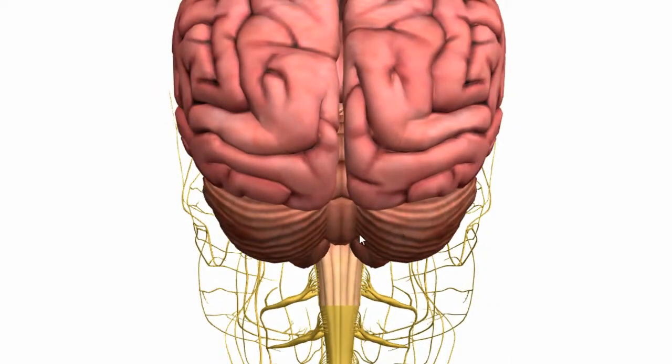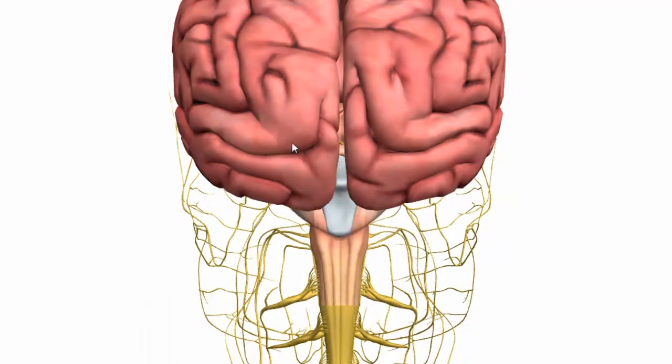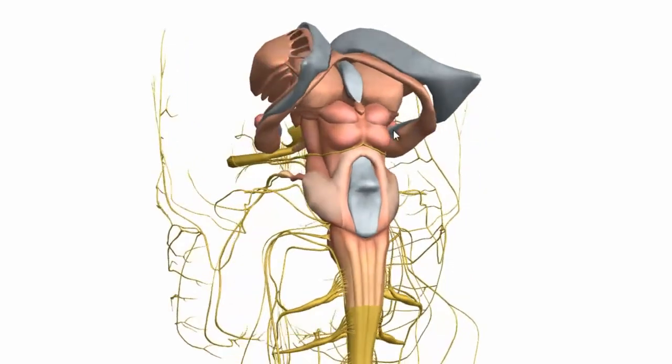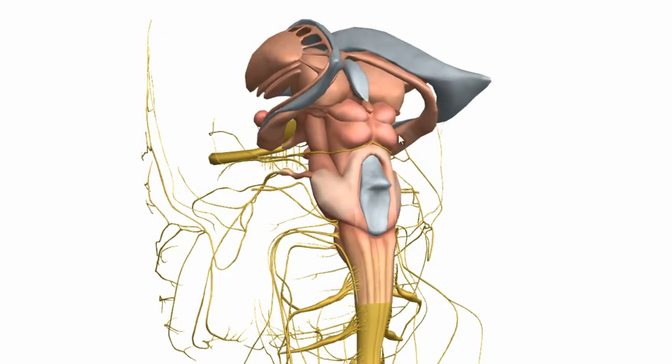If I remove the cerebellum, and I'll just remove the hemispheres as well, we can see the midbrain here. You can identify it by the colliculi. So that's the midbrain sitting, and this is the dorsal surface of the brainstem.